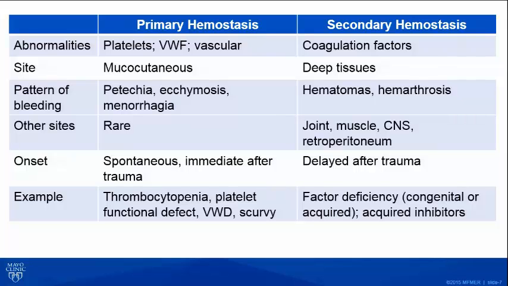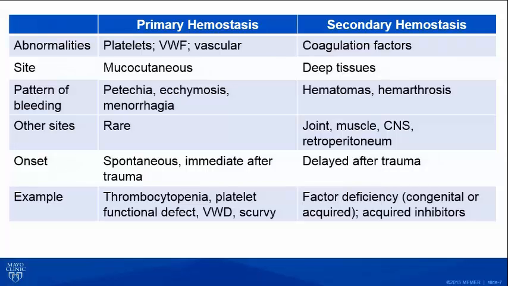Primary hemostasis usually involves mucocutaneous sites, presenting with petechiae, ecchymosis, menorrhagia, etc., whereas secondary hemostasis usually involves deep tissue, such as joint, muscle, CNS, and retroperitoneum, and presents with hematoma or hemarthrosis. The onset for primary hemostasis is usually spontaneous and immediate after trauma because they cannot form the initial platelet plug.